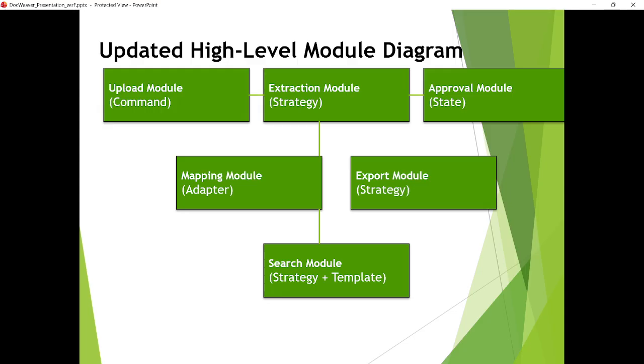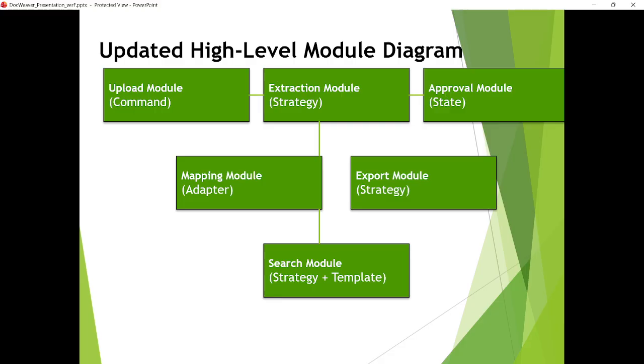The fourth module is the export structured data module, which uses the strategy and adapter patterns. It is used for creating the various types of document output. Next, the external mapping module. It uses the adapter pattern to cleanly integrate with CRM and ERP.